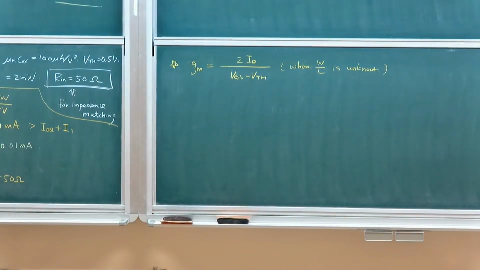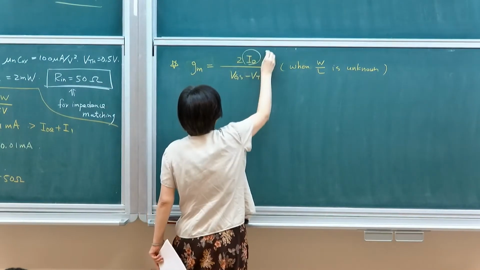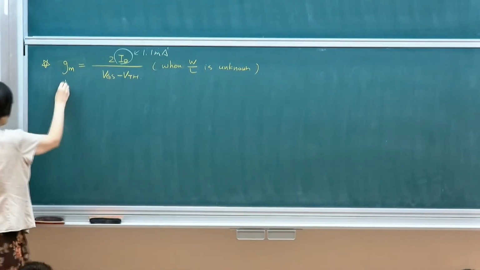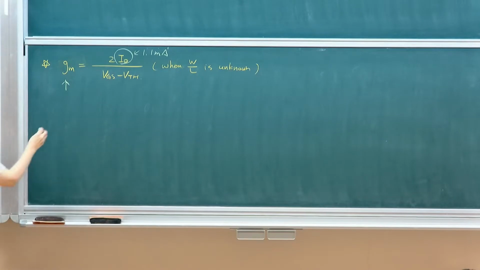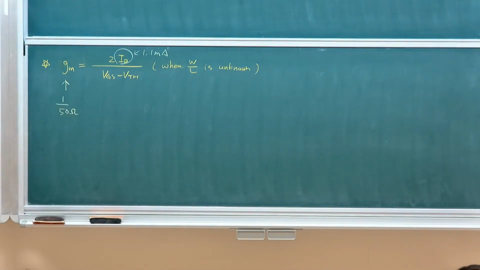But we know the current and we know the GM. Therefore, this is known. We already set it up to 1.1 milliamp. This is set by the requirement of Rin. This is 1 over 50 ohm. So you insert the numbers, you get a definitive overdrive.